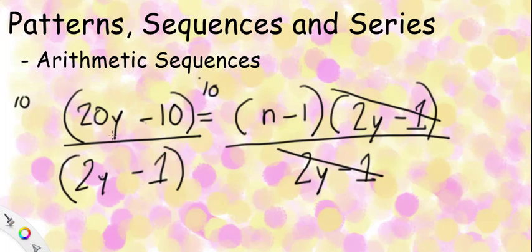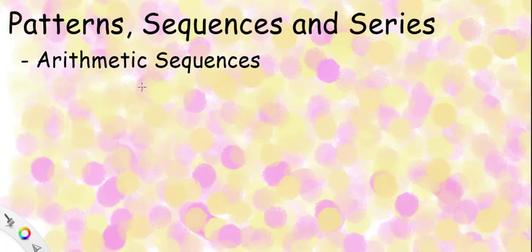So they are actually joined into a singular term. It's actually one term. They're not individuals. That would mean that (20y minus 10) divided by (2y minus 1) is actually equal to 10, then 10 should equal n minus 1. And to solve for n, we simply say 10 plus 1, because we add, right?